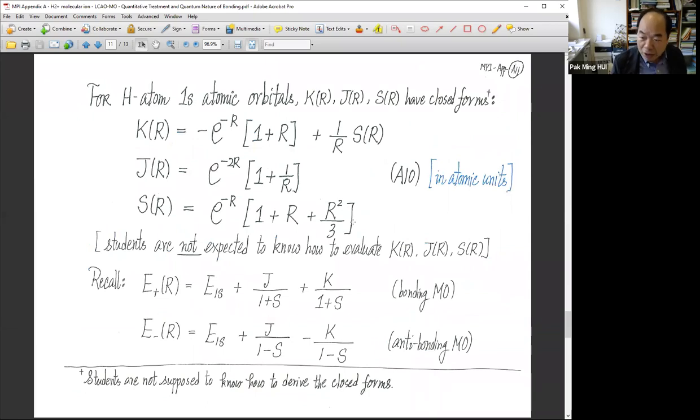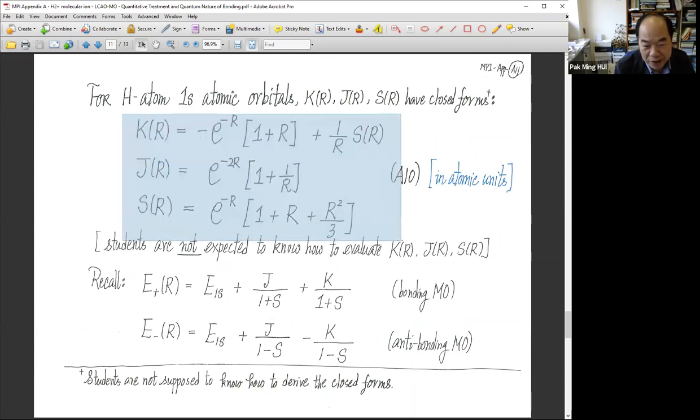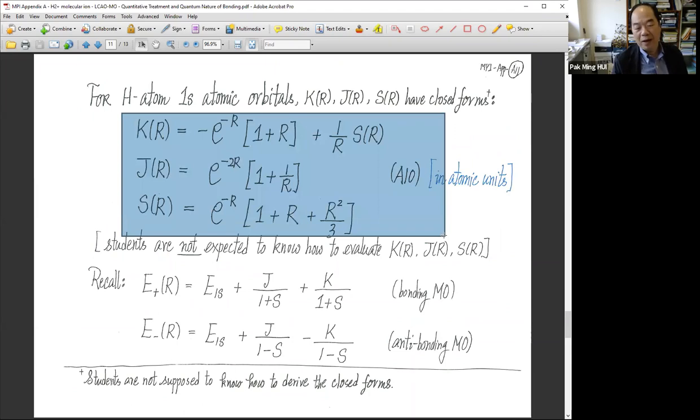Here, I just flash you the analytic result. For those of you who really like mathematics, you may go home, start from the expression and try to prove this, okay? Sometimes I will ask the TA to do one of them for you so that you see how to proceed. It is not difficult.